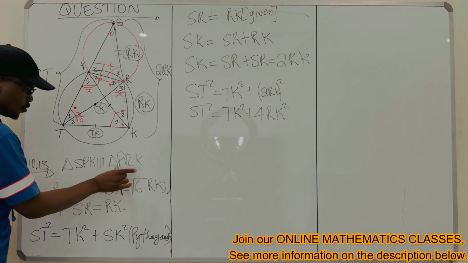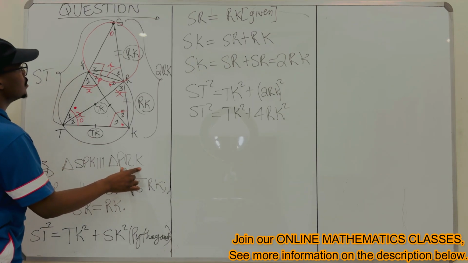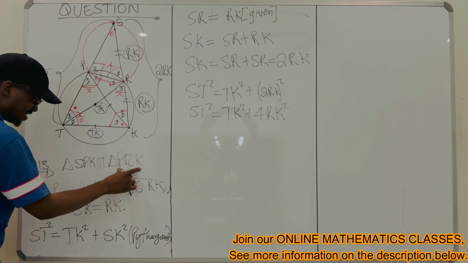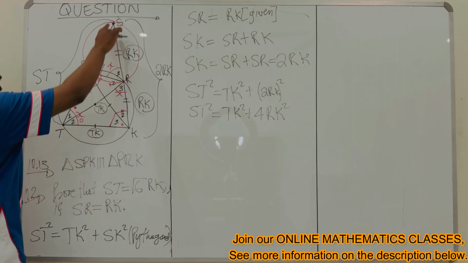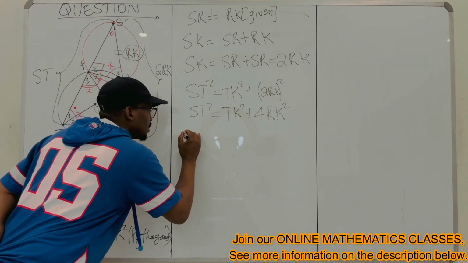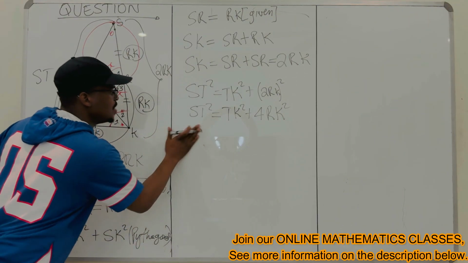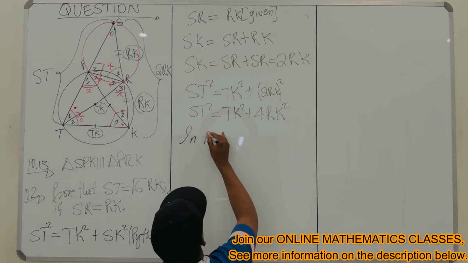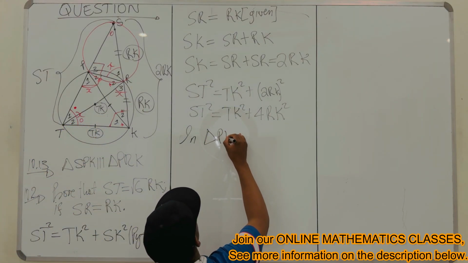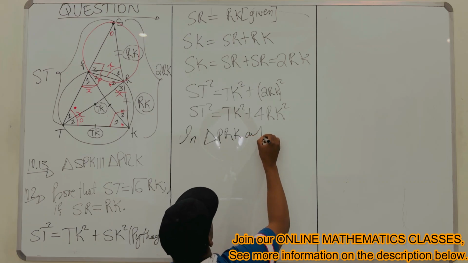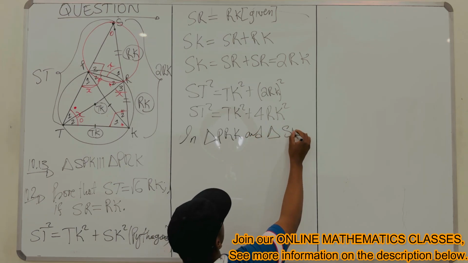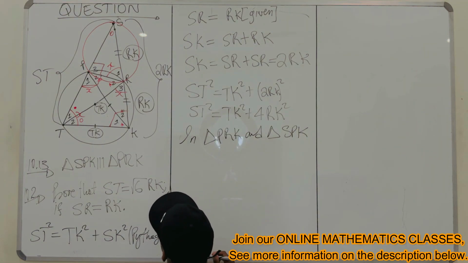So where is your PK of the small triangle? It's this one. This part is SK on the big triangle. In triangle PRK and triangle SPK, we proved that these two are similar, right?